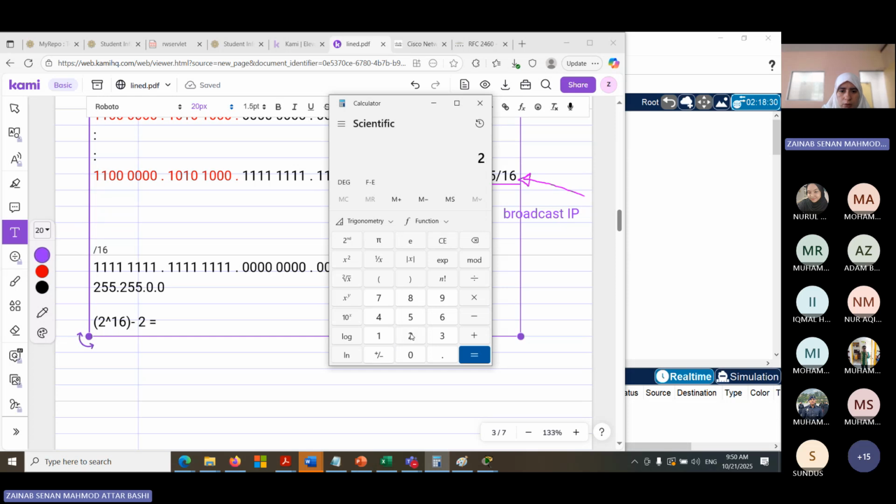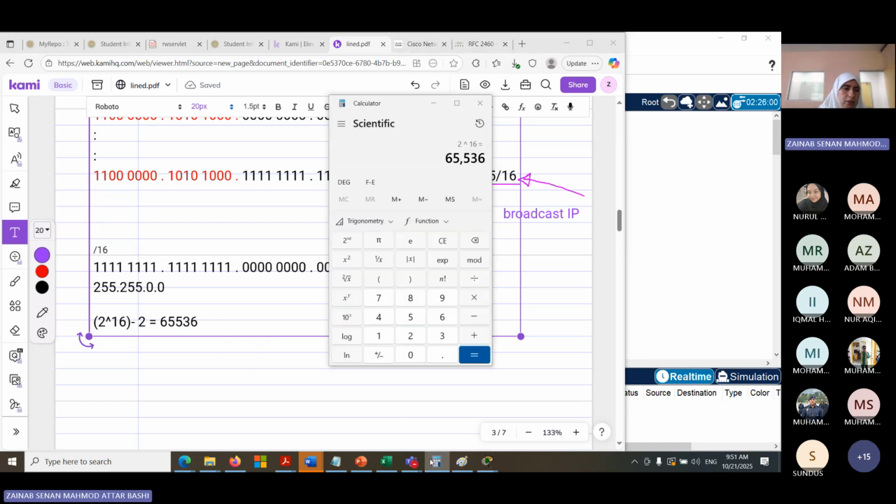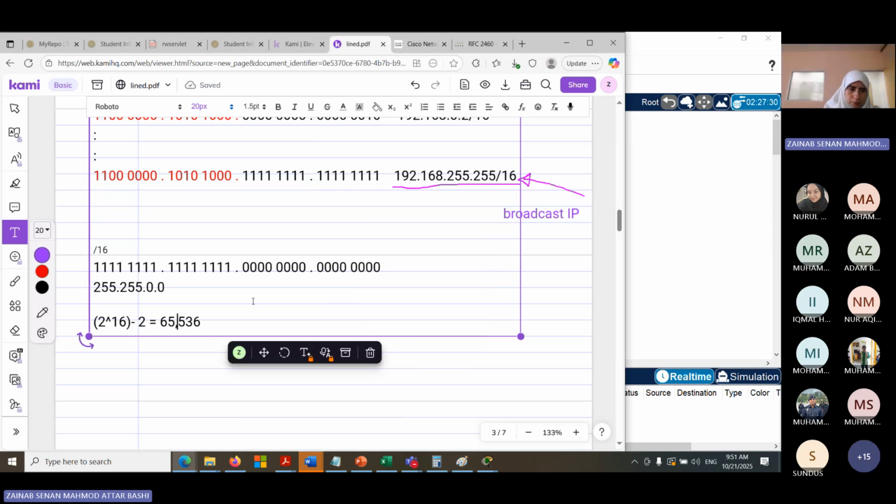It gives 65,536. Minus 2, which will give us 65,534 devices inside a /16 network.